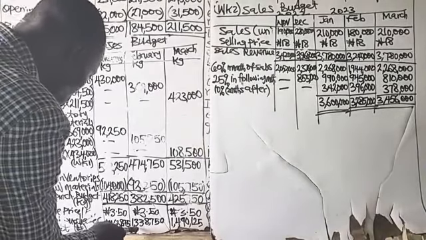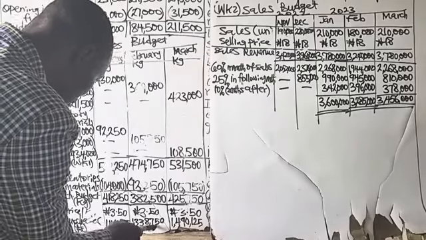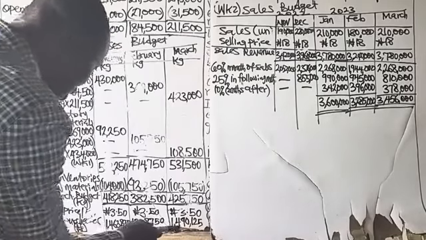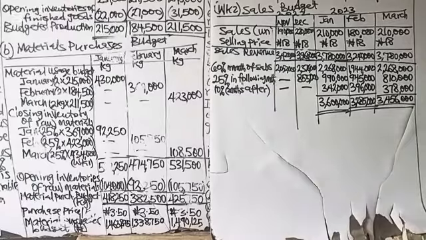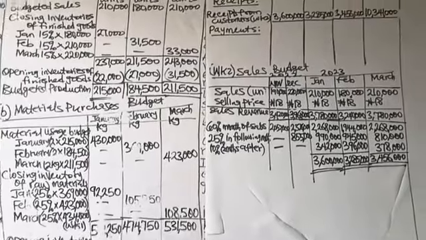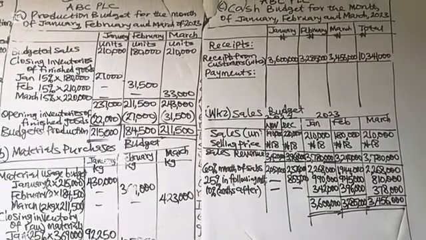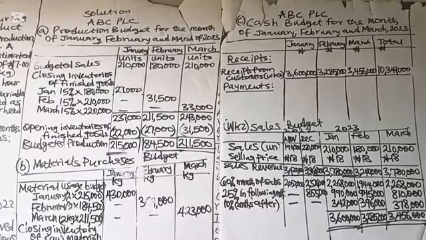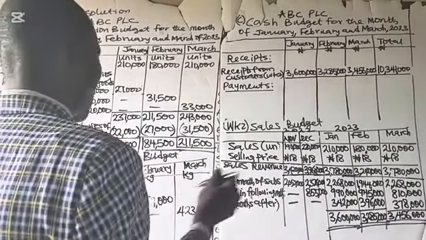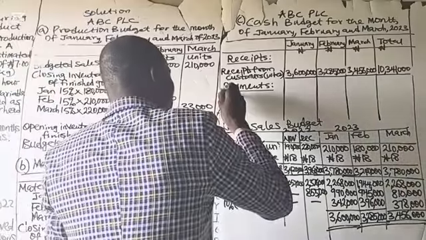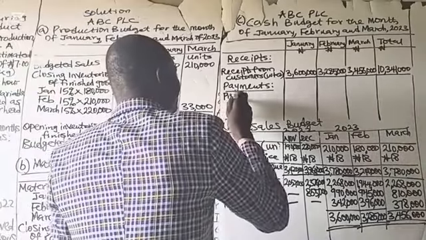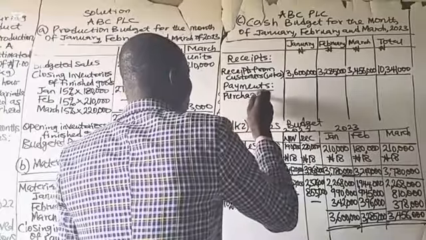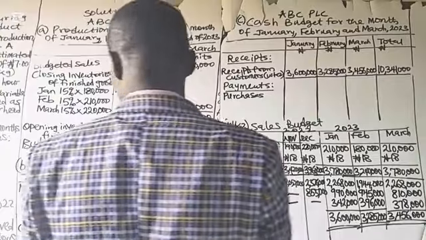In February, 1,338,750. In March, 1,490,125. So we are going to include them in the cash budget like that, since the payments were made at the end of the month of purchase.